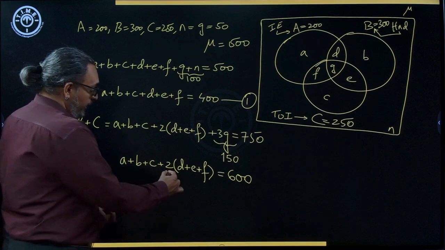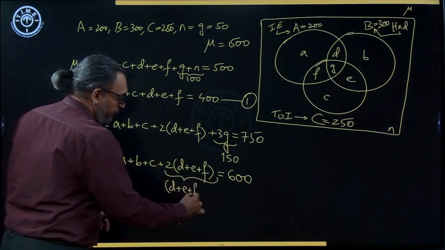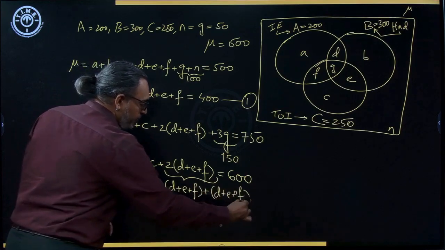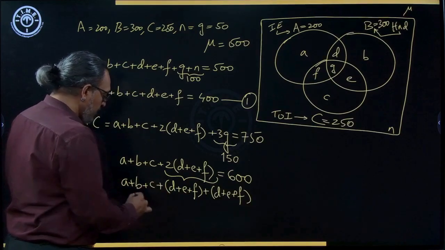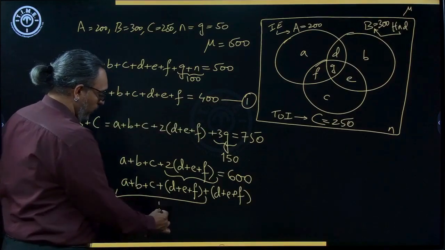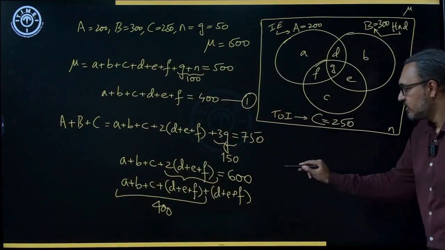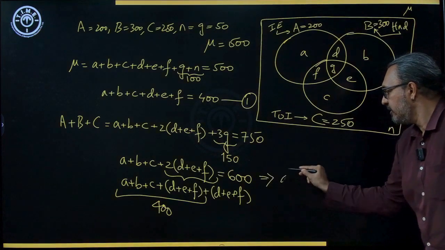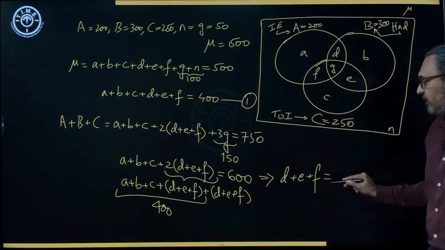Now here, I can split this as 1 time of DEF plus another time of DEF, and here you have A plus B plus C. So this is nothing but equation 1, 400. So from here, what do we get? The remaining is D plus E plus F, and that will be 200.